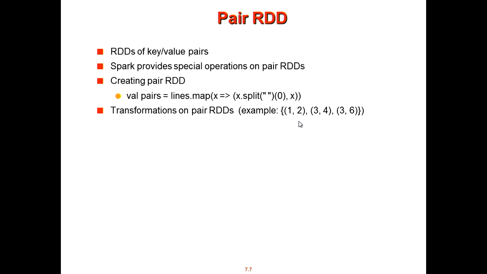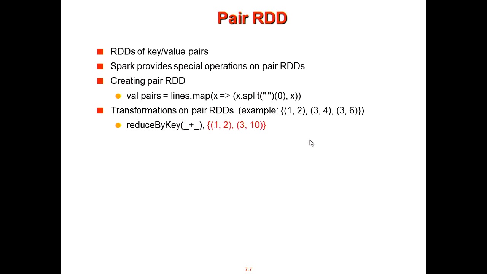Assume that we have 3 pairs: (1, 2), (3, 4), (3, 6). And reduceByKey, according to the function you give to reduceByKey, will do the aggregation based on the keys.